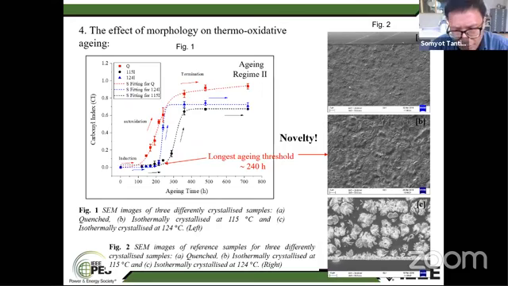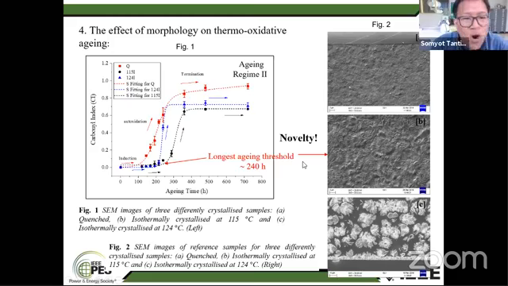Why? Because this form of crystal prevents oxygen diffusion better than the others. If you look into figure 2C, the black area here, the amorphous region, more easily allows the oxygen to diffuse into the system.